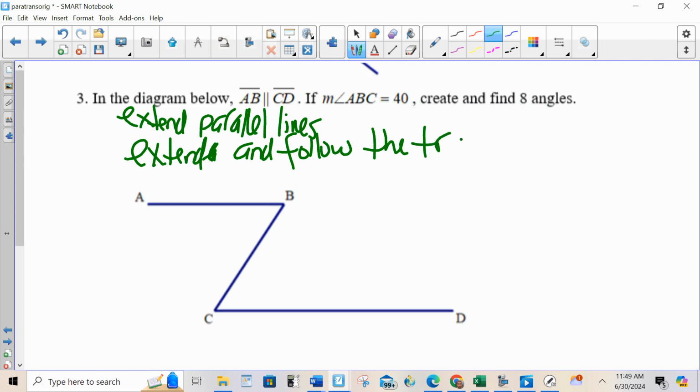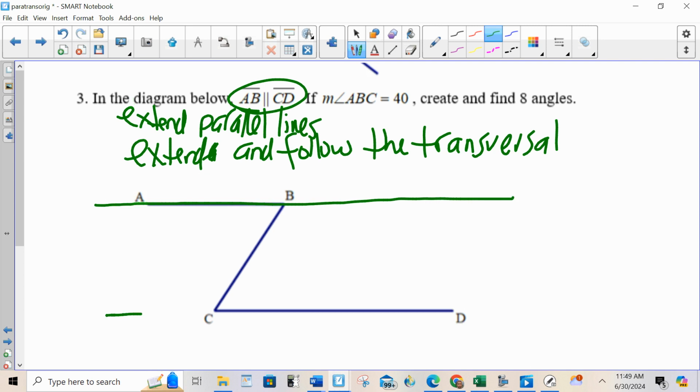You're going to hear me saying that a lot. Extend and follow the transversal. So if AB is parallel to CD, I'm going to extend AB. I'm going to extend CD. I'm going to find and extend my transversal. I basically want it to look like this. Now that I have that, I'm good.